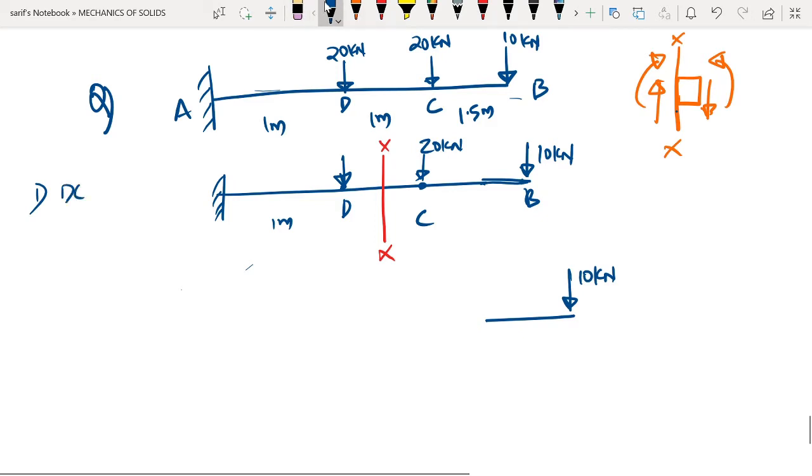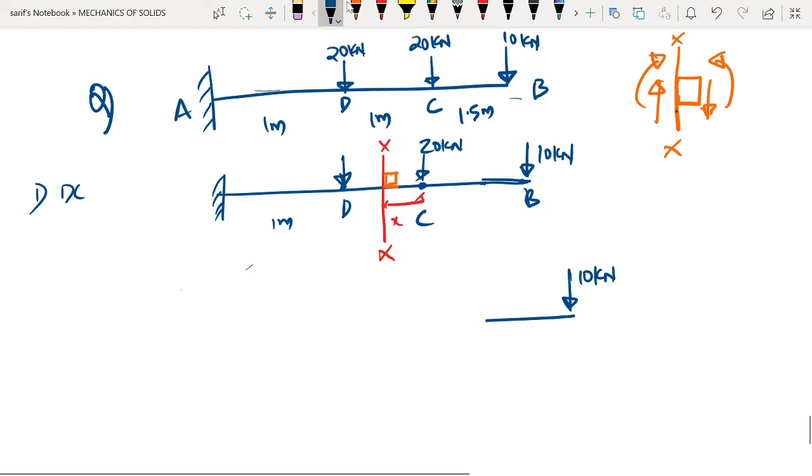Now again, let us consider the origin as C. So if we consider the origin as C, this would be x. We will be considering a small element here, and we will zoom out the element. So if we zoom out the element, it will look like this, and the positive sign conventions can be obtained from here.